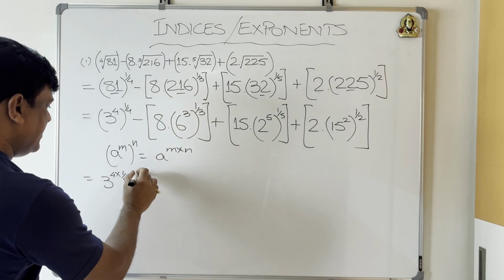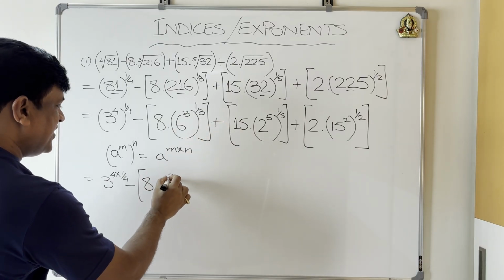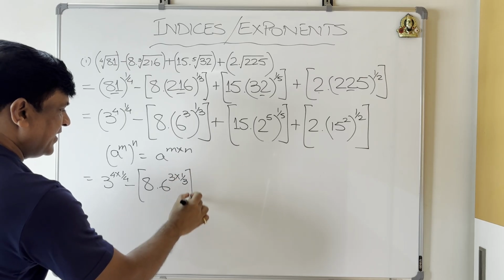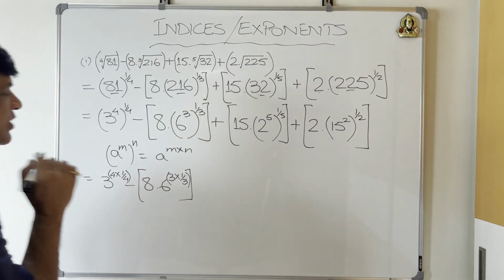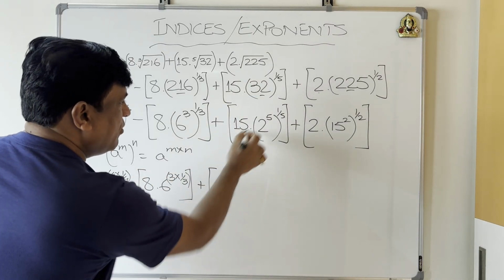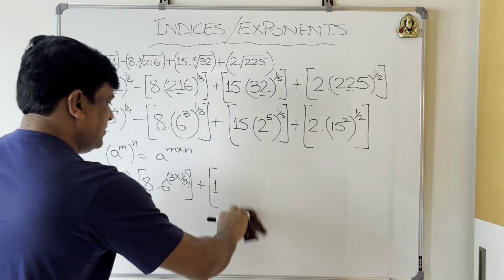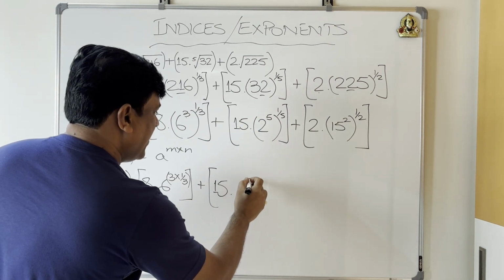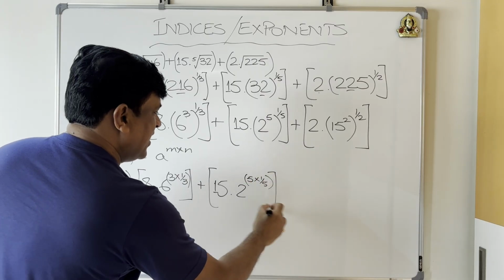Minus, similarly here, 8 times 6, 3 to the power 3 into 1 by 3, which is there outside. Always put these in brackets so that you don't get confused. This is the easiest way to do things. Now the next one, 15 times 2 to the power 5 into 1 by 5. Done? This is done, sorted.